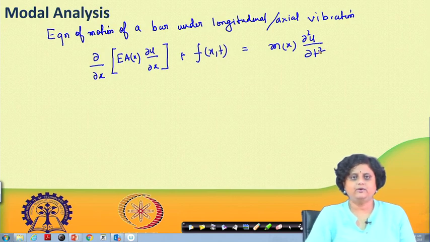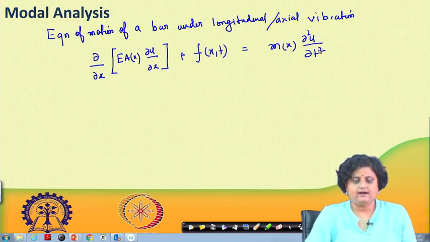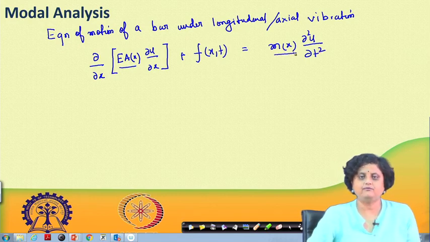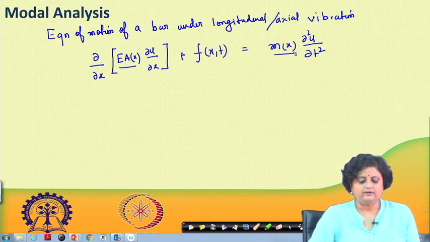This equation we have derived earlier, and we are very much acquainted with this equation. So, I have not made any assumption that the cross section of the bar is uniform. So, my E A x and m x can vary with x. Now, let me see what we can do further.